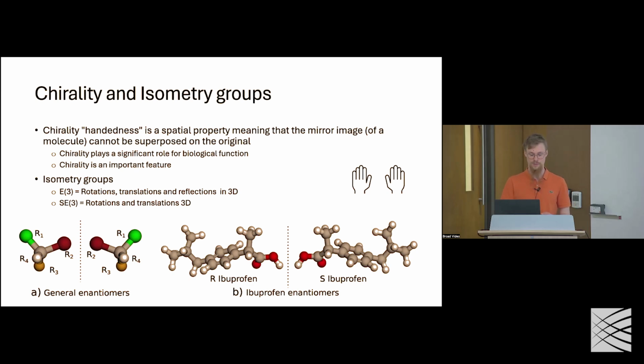So kind of a better way is to have SE3-invariant methods, so that rotations and translations do not make a difference, but then reflections do. So this would be really nice for all these molecular generation methods. I will come back to this later.